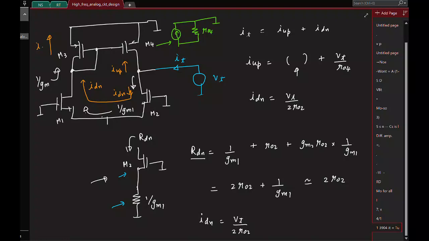So this is I down, and remember, whatever current flows through M3 will also get mirrored onto M4, and that is this extra component we had here. Okay, so we already included the current flowing through the R0 of the transistor M4. In addition to it, you also have this current due to the GM VGS component, and that is basically this current mirroring action. So this is equal to I down.